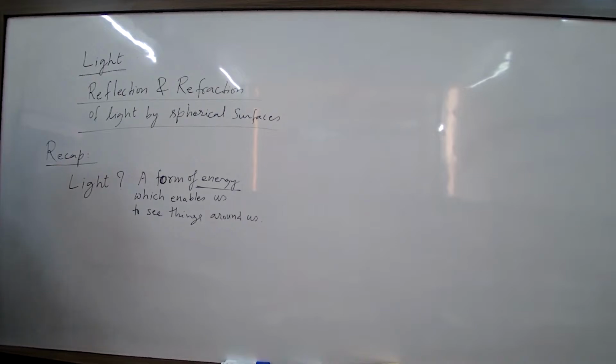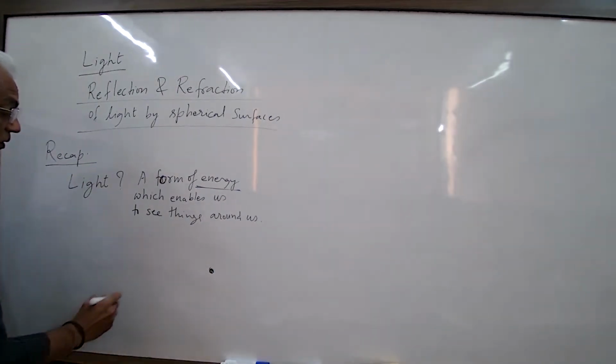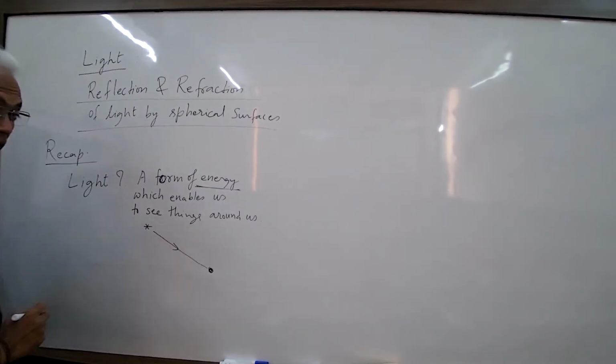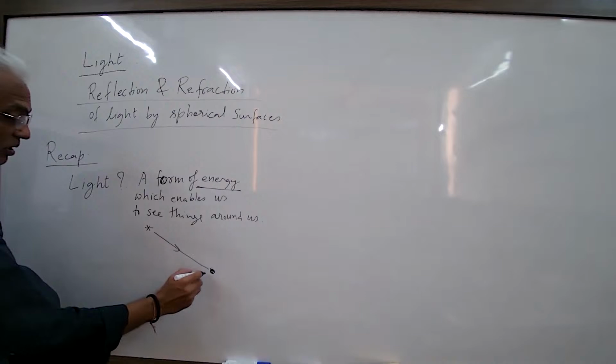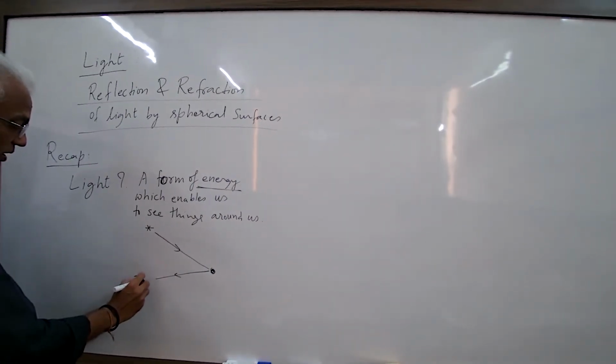Light. If I switch off these lights, will you be able to see things around? In a dark room, you cannot see things, right? Suppose you have an object here. There has to be some source of light which has to illuminate it. Now this illuminated light will be reflected, and then somebody can see it.